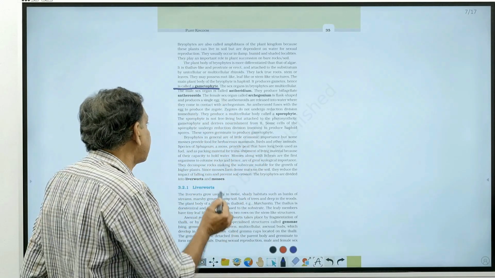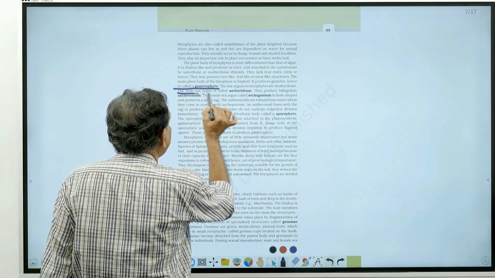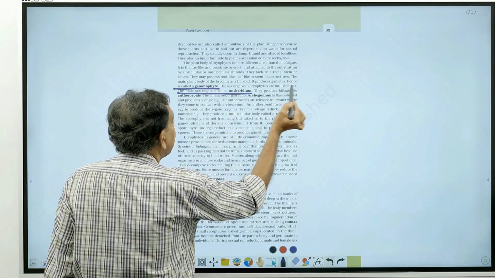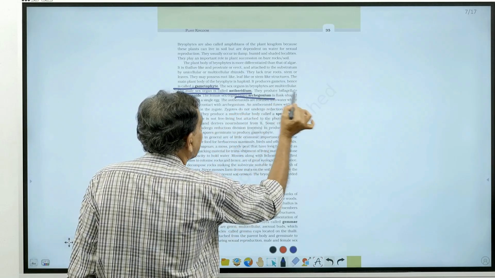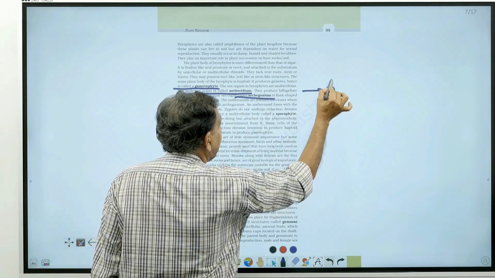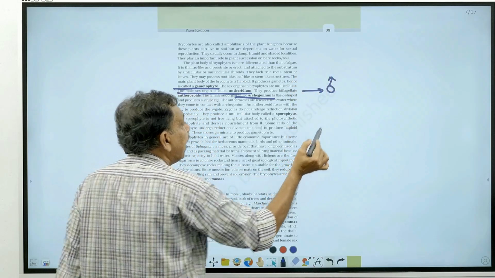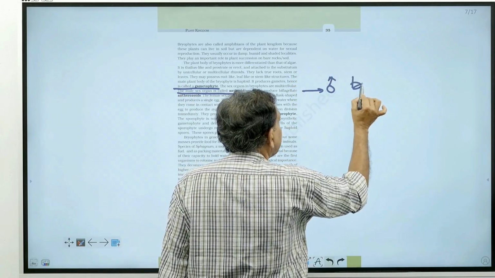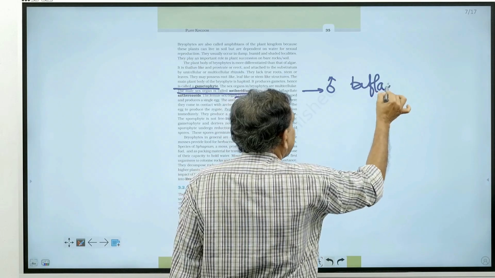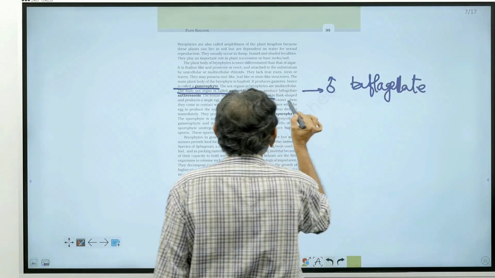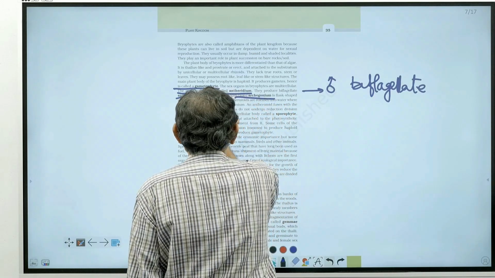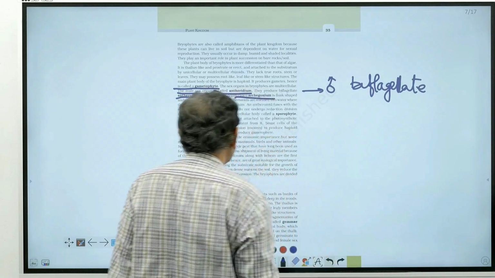Gamete producing structures: the male sex organ, antheridium, and the female sex organ, archegonium. Antheridium produces what? Male gametes. Male gametes are biflagellate antherozoids, produced by the male sex organ.